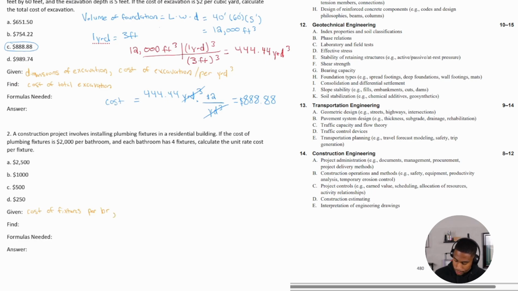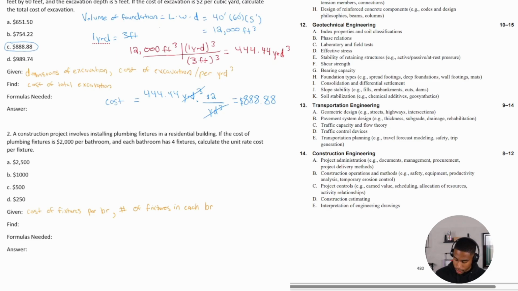Okay, we're also given the number of fixtures in each bathroom. What are we trying to find?